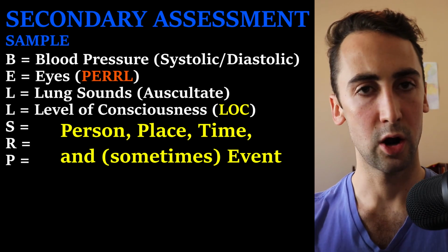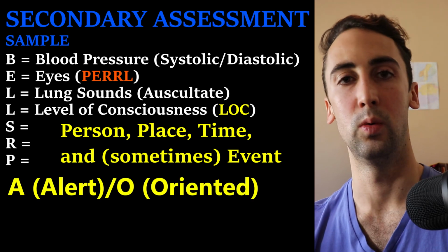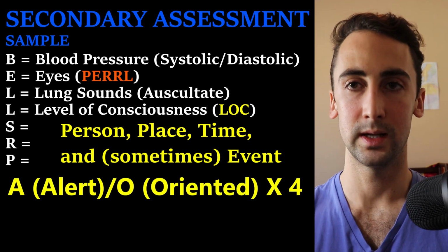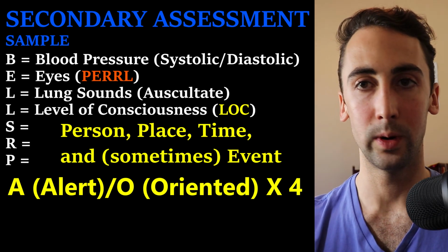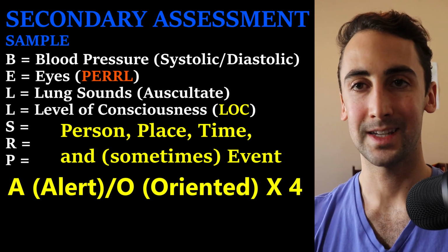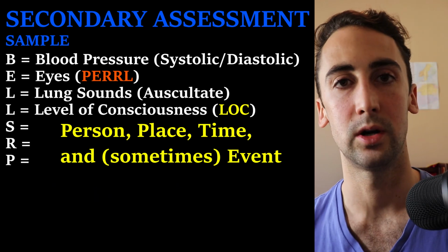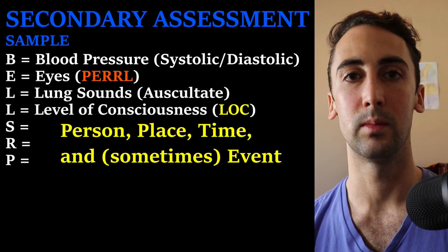And let's say our patient answered all those questions perfectly. We're gonna say A and O times 4. Each one is 1 point essentially on that. So A/O, alert oriented, times 4. So they're alert and oriented, person, place, time, and event. If they are altered, then that number is gonna change. Let's say they only know how to say their name or answer their name.